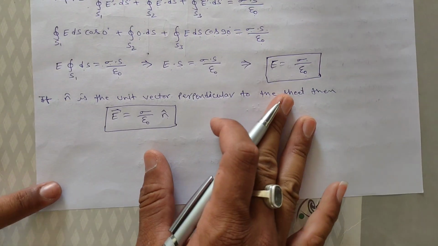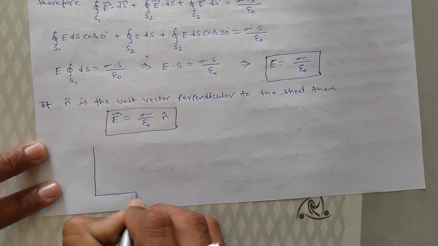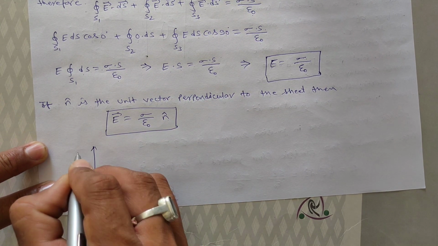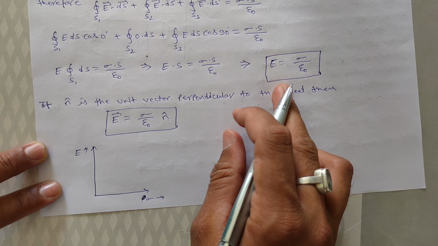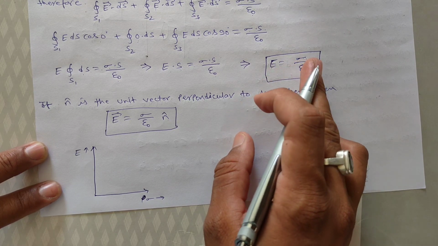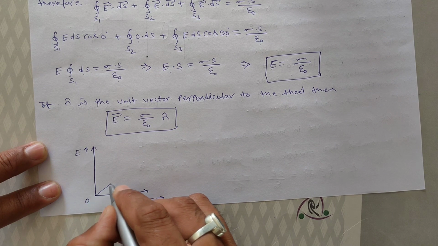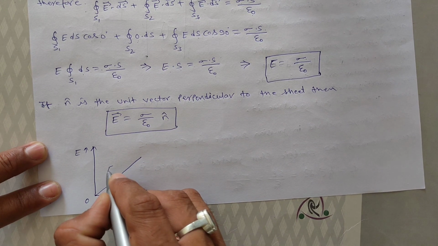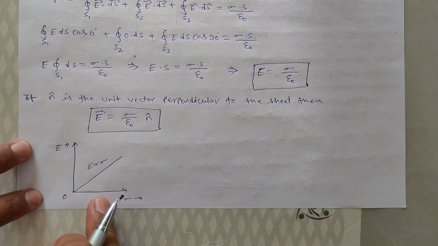Now we plot a graph between electric field intensity and surface charge density. According to this equation, E is directly proportional to sigma. So the graph for E directly proportional to sigma is as shown in the figure.